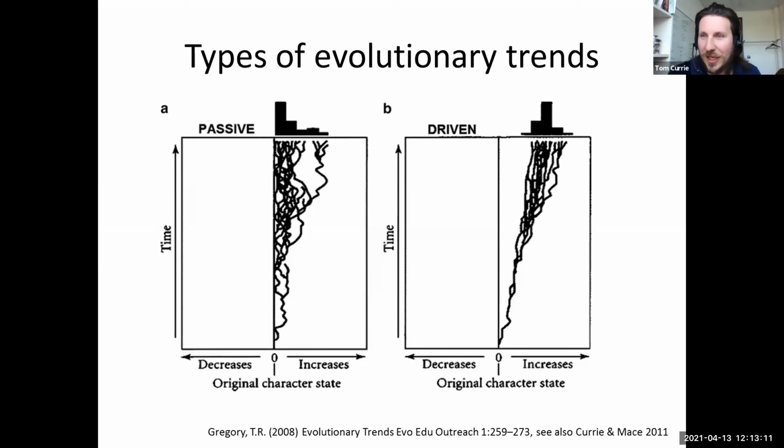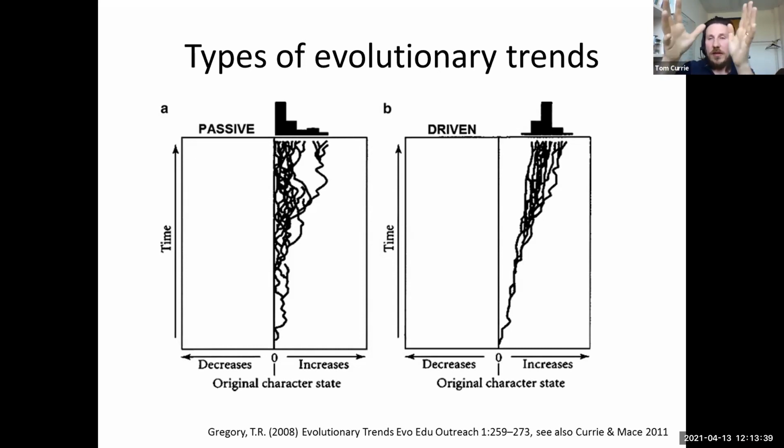Our world still contains lots of single-celled organisms and things like viruses that can still have a large impact in the world today, unfortunately. And we can contrast that with a more driven evolutionary process, where you're not only seeing an increase in the most complex forms of life, but you're also seeing a reduction in the simpler forms.